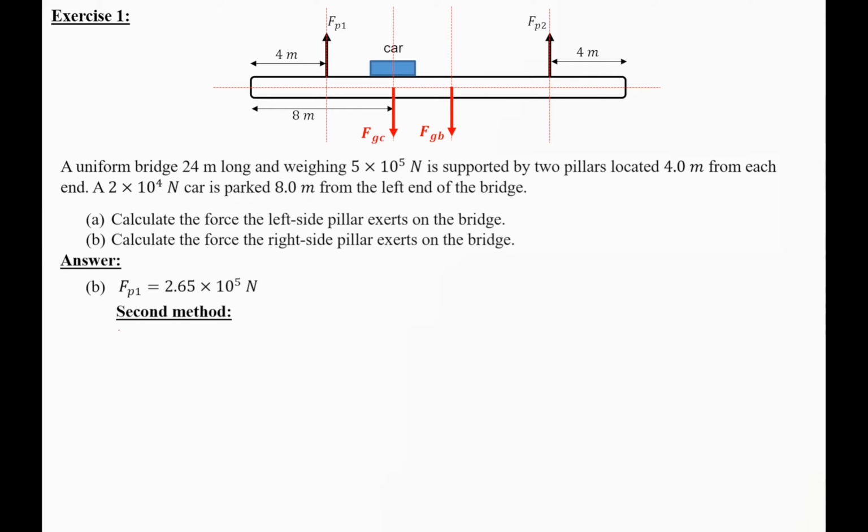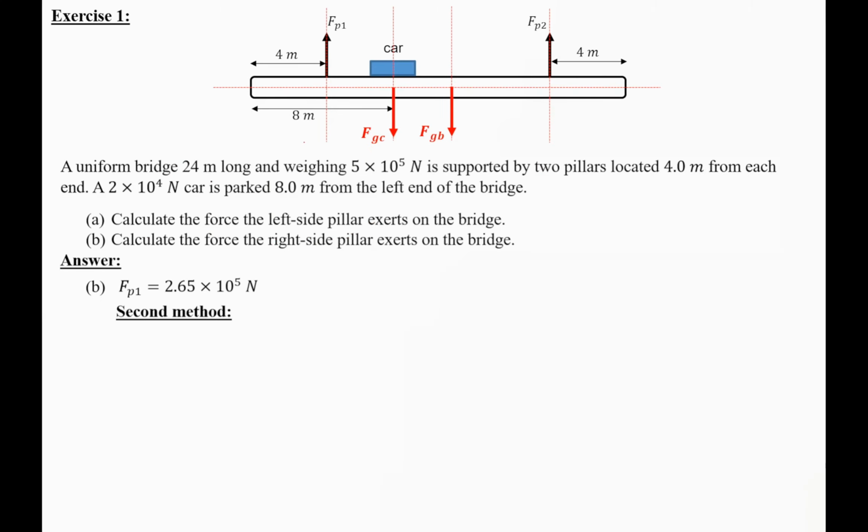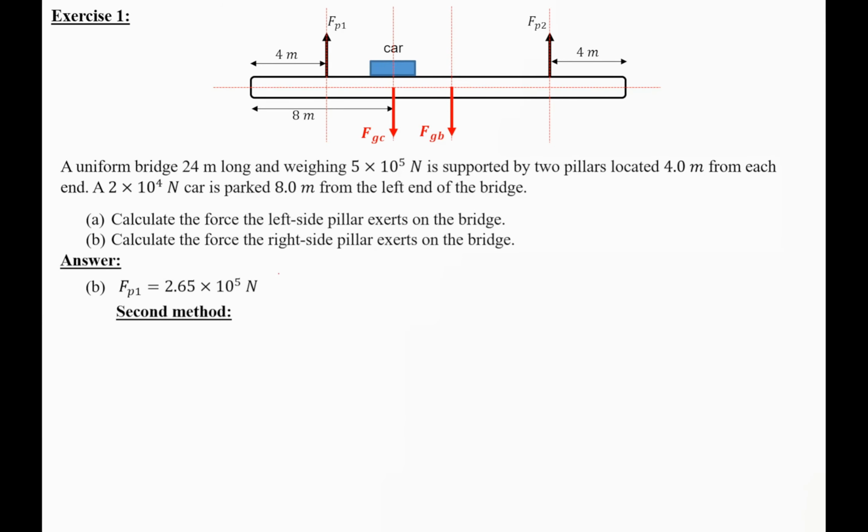Another solution would be to consider again rotational equilibrium, but this time instead of choosing the pivot at P2 to eliminate P2, it would be at P1 to eliminate FP1, and as anticipated the result should be 2.65 times 10 to the power 5. Now our pivot point is chosen at pillar 1, so we need to specify the torques of the three forces we're interested in, P2, GB, GC, about the pivot, which is located to the left now.